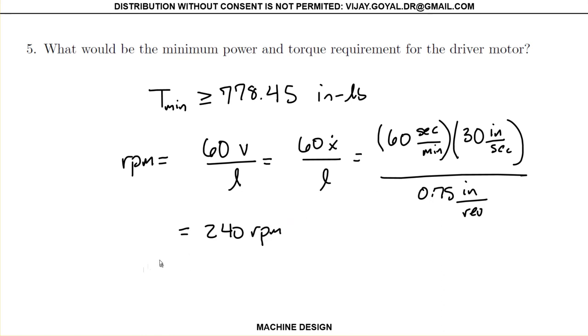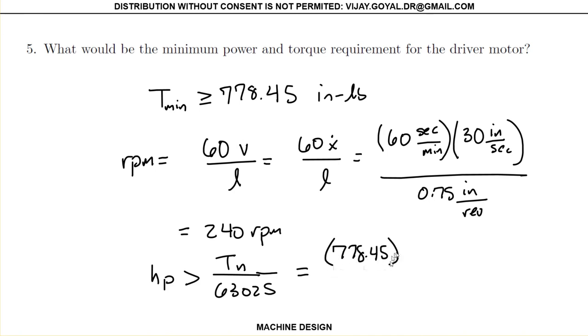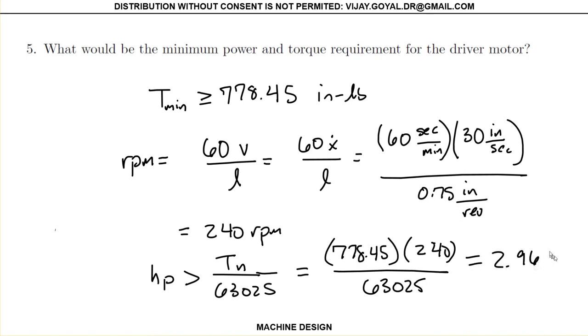So if that's the case, then the horsepower that I need in my problem is given by this equation for your driver, and that would be 778.45 multiplied by 7 multiplied by 240 divided by 63025, and that gives me a value of 2.96 HP.